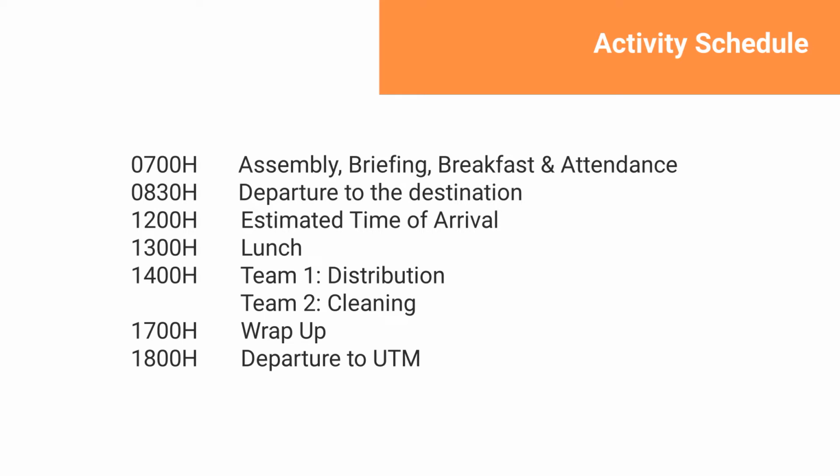Lunch is around 1 p.m. and then at 2 p.m., 2 teams will be led by a leader and 5 assistants to do their respective tasks with distribution and cleaning. Around 5 p.m., the program will be wrapped up before departing to UTM.